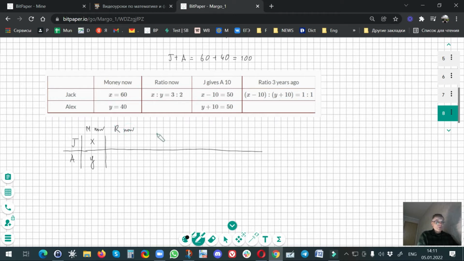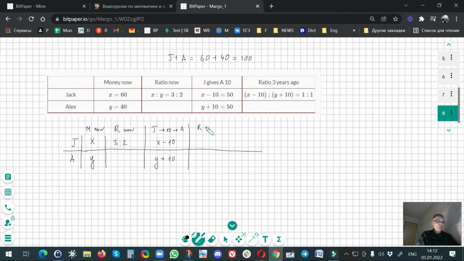I know that it is 3 to 2. Then Jack gives 10 to Alex, which means that Jack now has x minus 10, because he has given that tenner. And Alex ends up with y plus 10.